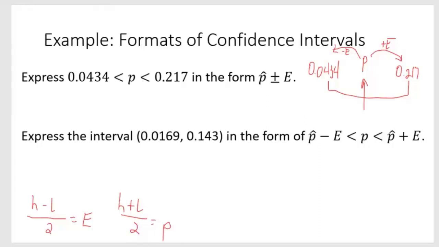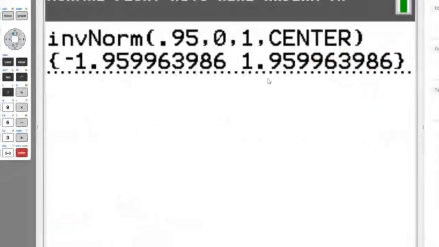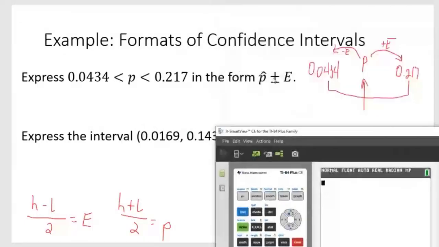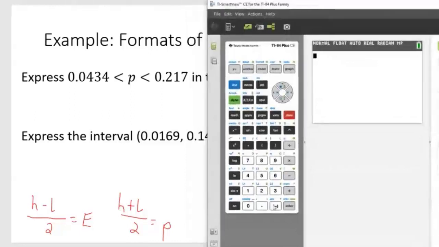So I'm going to bring up the calculator and let's just do that. First of all, I'm going to find P first because it says P hat, and that's really what this should have been marked. I'll go back and add that in a minute, P hat. What we're going to do is add them and divide by 2 to get to that middle number.